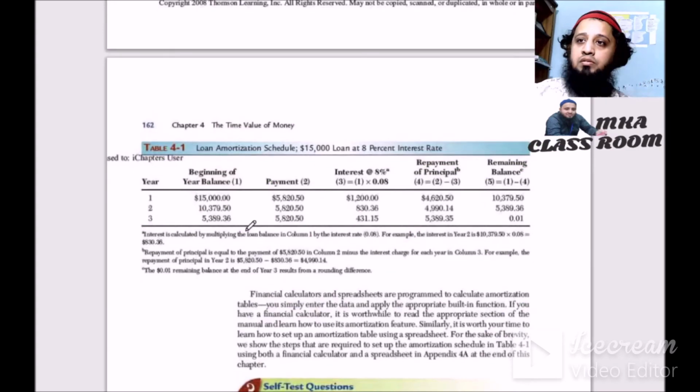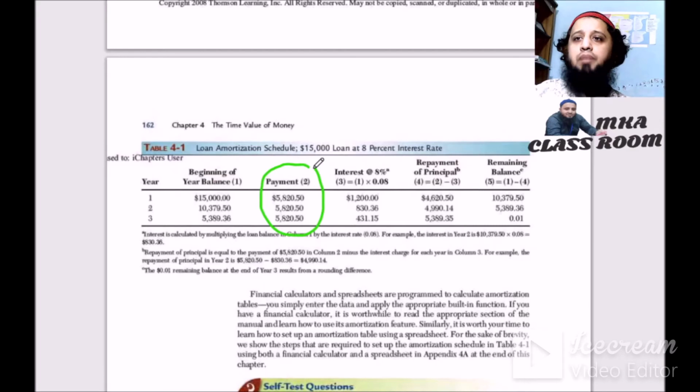In your materials here is the loan amortization schedule: a 15,000 loan at 8% interest. So this is our payment, an equal payment of 5,820.50 for each of the 3 payments.